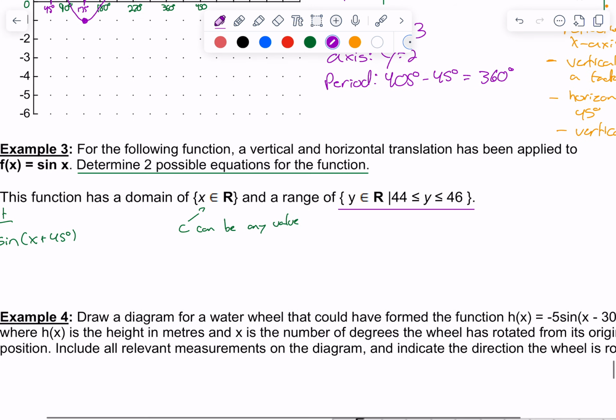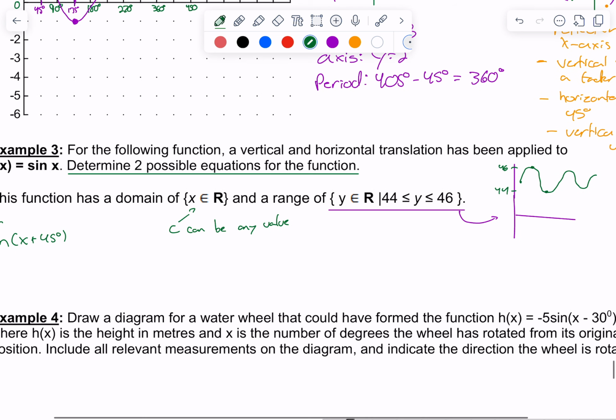If you had a graph of sine way up here, you're going to go up to a maximum value of 46 and then down to a minimum value of 44, and you're just going to oscillate between those 2 values.